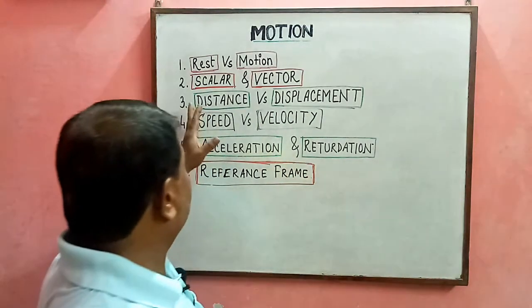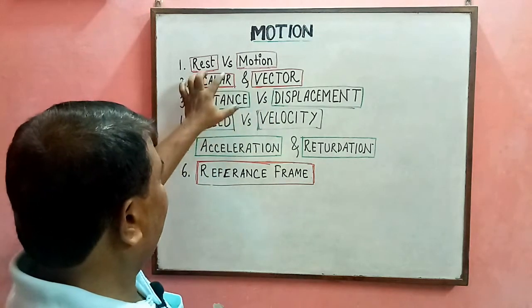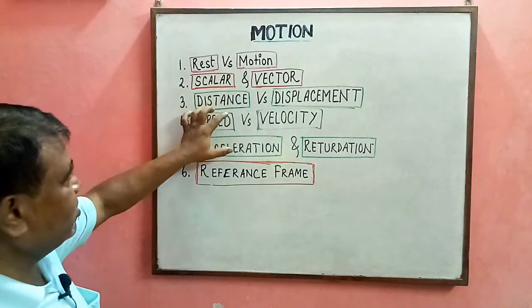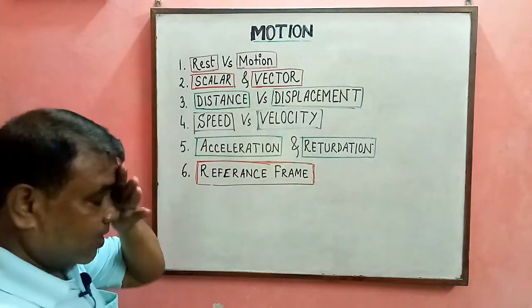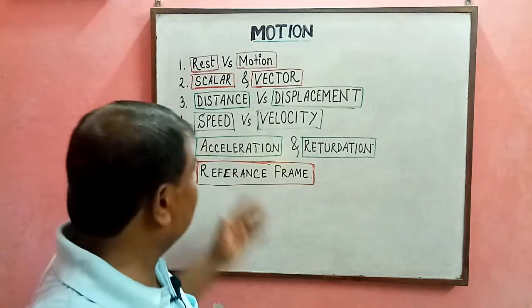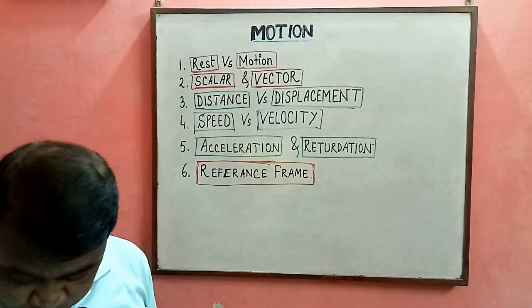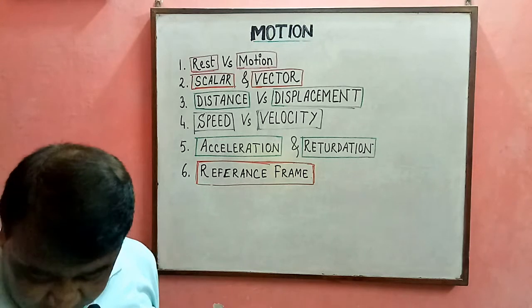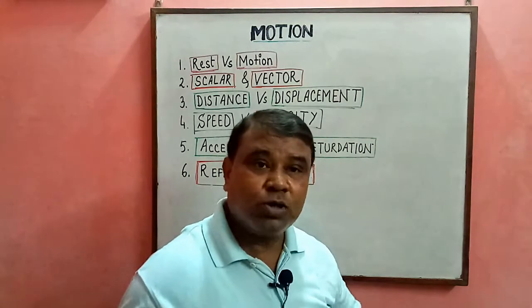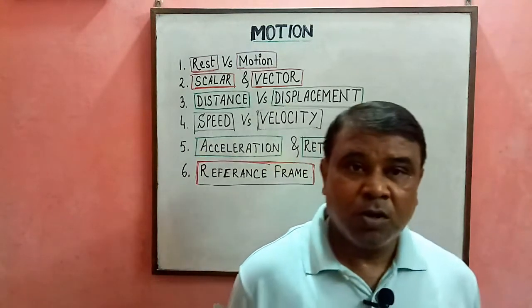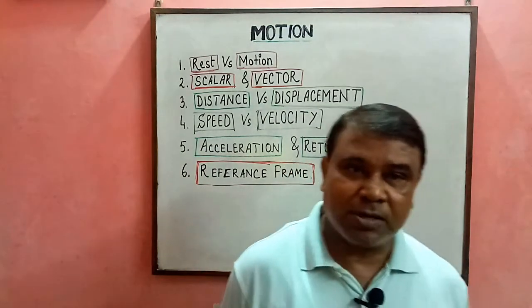Let me discuss regarding scalar and vector. Here is an example of scalar, that is distance, and the example of vector is displacement. Now let me define these two quantities, distance and displacement. Like distance, when we go out of our home, we take many routes to reach our destination.